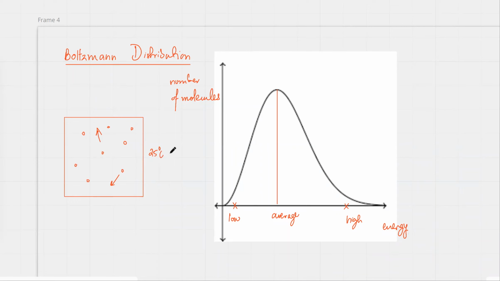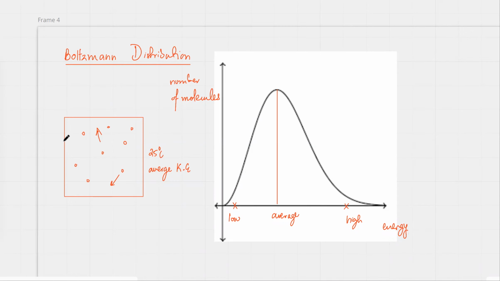Remember, temperature is a representation of the average KE of the molecules. Not every molecule is going to have the same temperature. Some would have energies higher than 25 degrees centigrade, some lower, but most would be around 25.